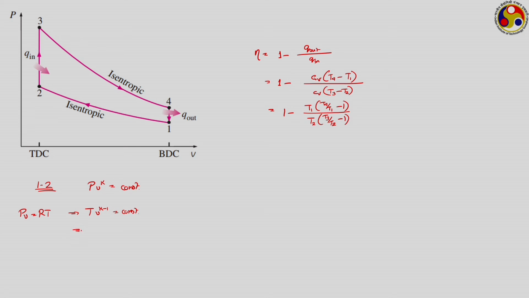I would like to request you to check this, how we are getting T V to the power k minus 1 from P V to the power k by using PV equal to RT. R becomes a part of this constant now.